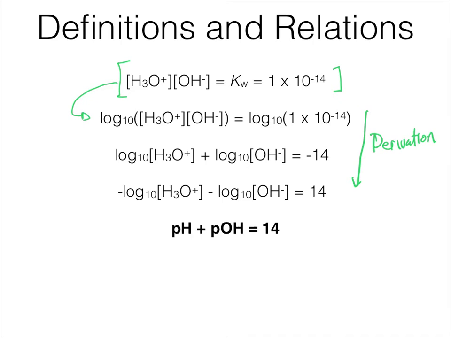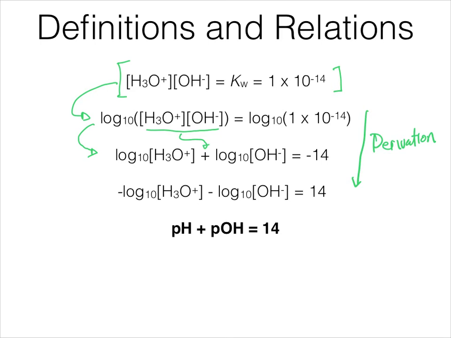I can take the log of both sides, log base 10 of both sides, which looks like so. And if I separate that out, now when the argument for a log is multiplied together, the algebra tells us that we can take the log of each of the things and add them together. So that's what I did here.